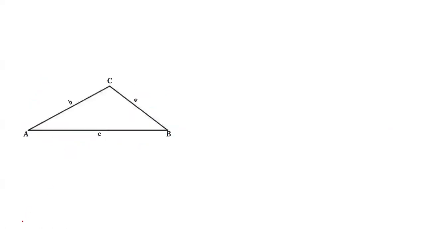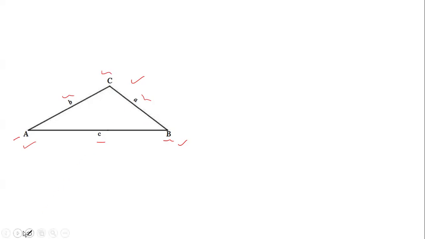Now we have a scenario like this. This is our triangle A, B and C. The side opposite A is a, the side opposite B is b, and the side opposite C is c. This is general.